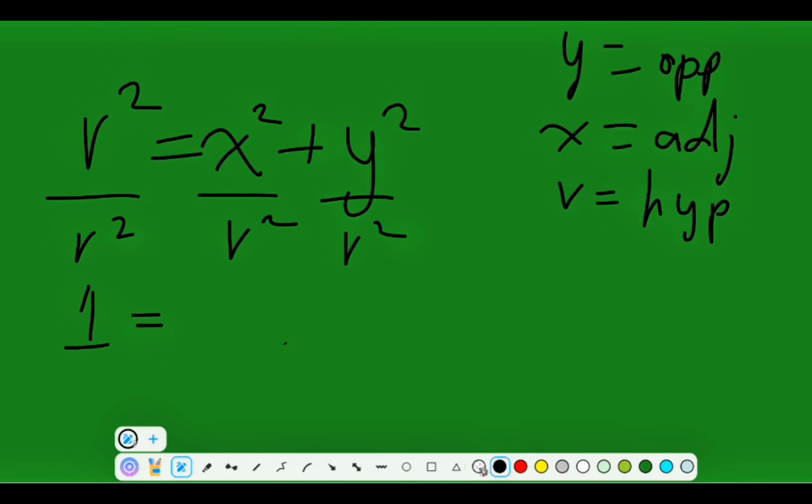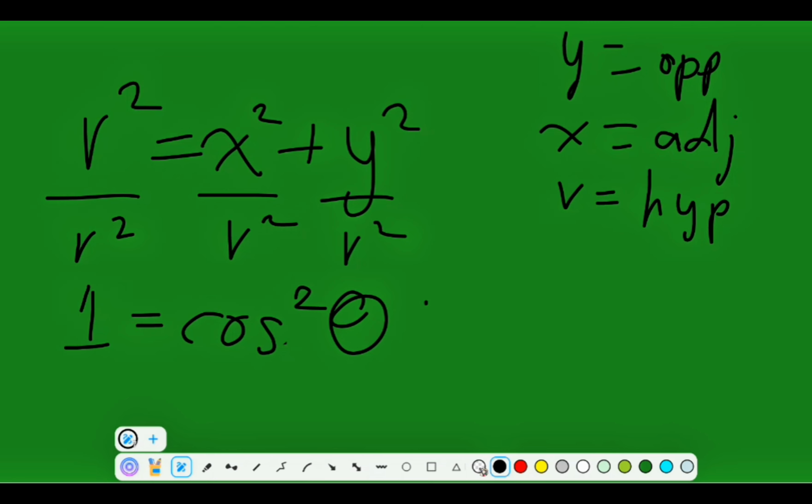x over r is adjacent over hypotenuse. And adjacent over hypotenuse is what? Is cos. So that will be cos²θ. Let's just use the angle of theta. You can use the angle of beta, alpha, or theta. It's your choice.